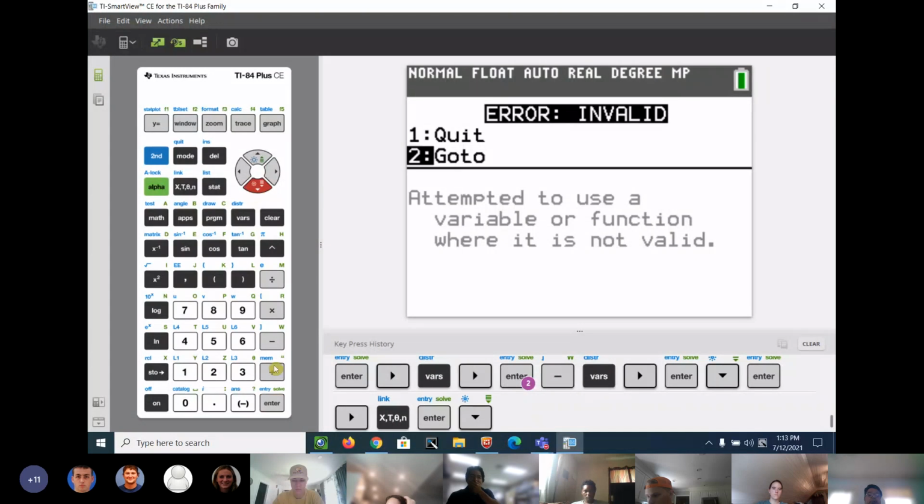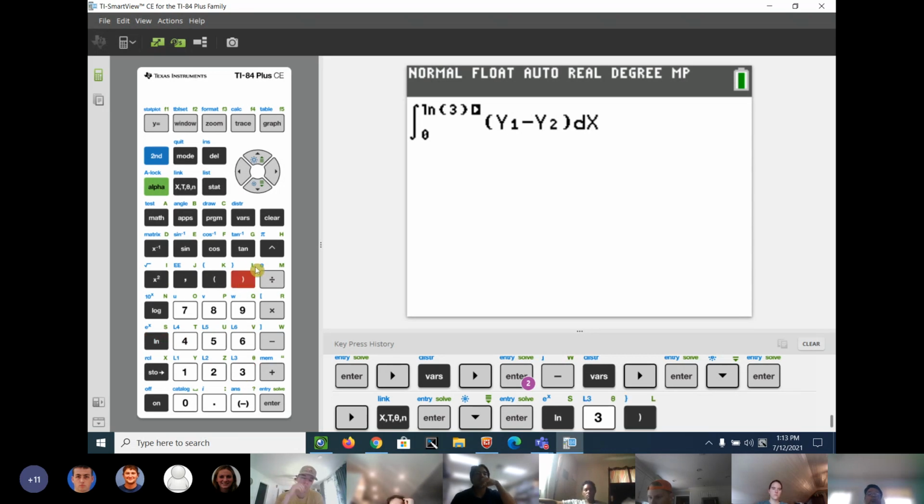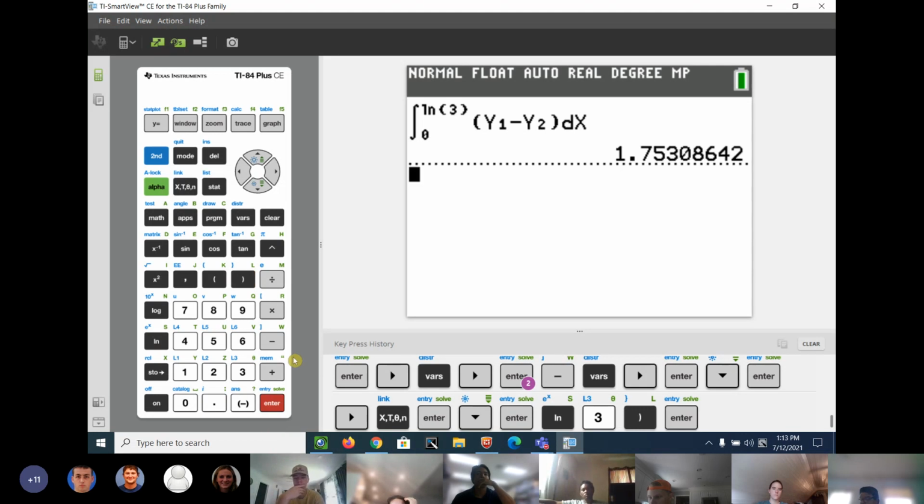And go to... what did I not do right? Okay, evidently I didn't like that, so I'm going to put natural log of 3. Thought it would have used that function. And enter. 1.75. Yeah, I thought we got an error somewhere.